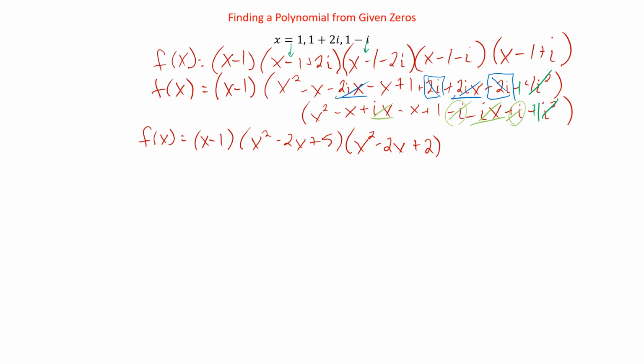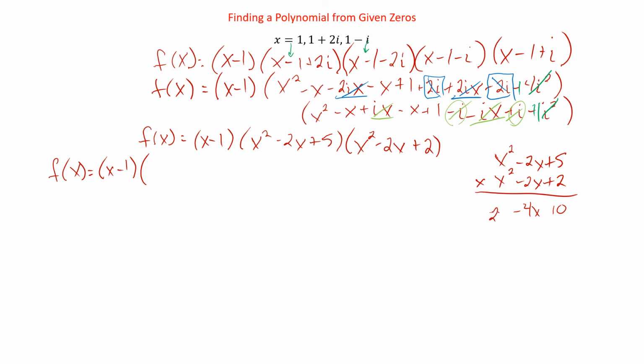For our two, let's multiply together the two quadratics first. So we'll have x minus 1, and then times, I'm going to stack these. It helps with multiplication if you stack them. We're going to have x squared minus 2x plus 5, x squared minus 2x plus 2. We're going to multiply. So we have 2 times everything, so this will be 10, negative 4x, 2 times x squared is 2x squared.